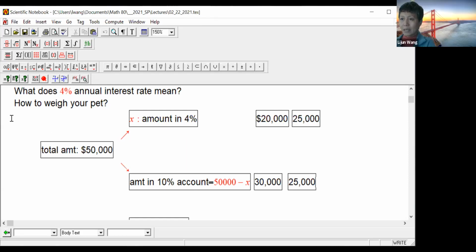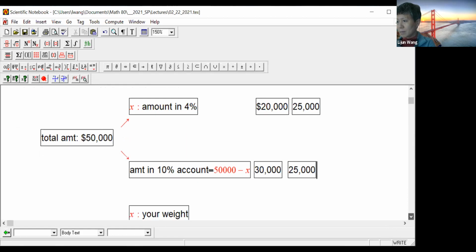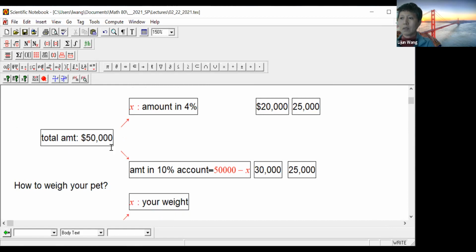With that said and done, we understand how to weigh our pets. And next, we're going to use the algebraic method to figure this out. Otherwise, you'll be guessing. Does 20,000, 30,000 work?